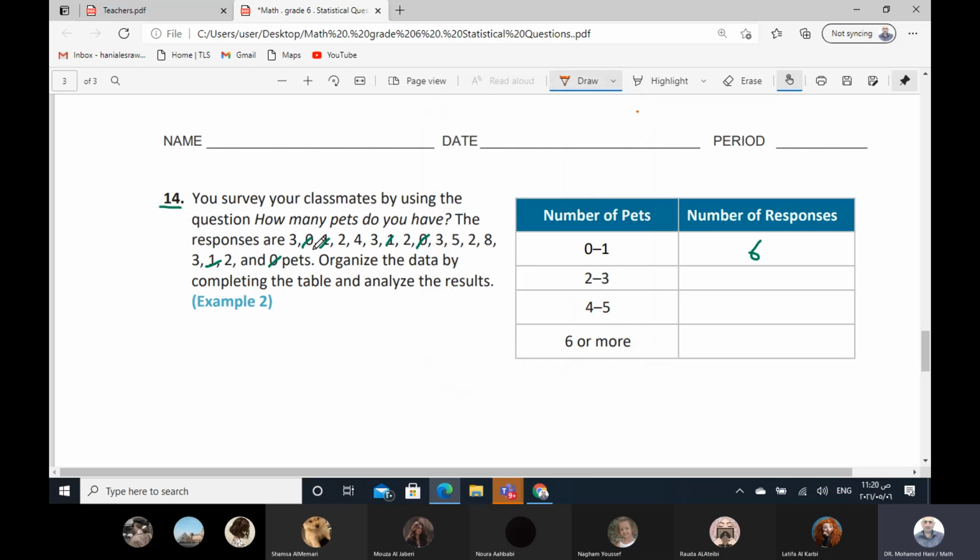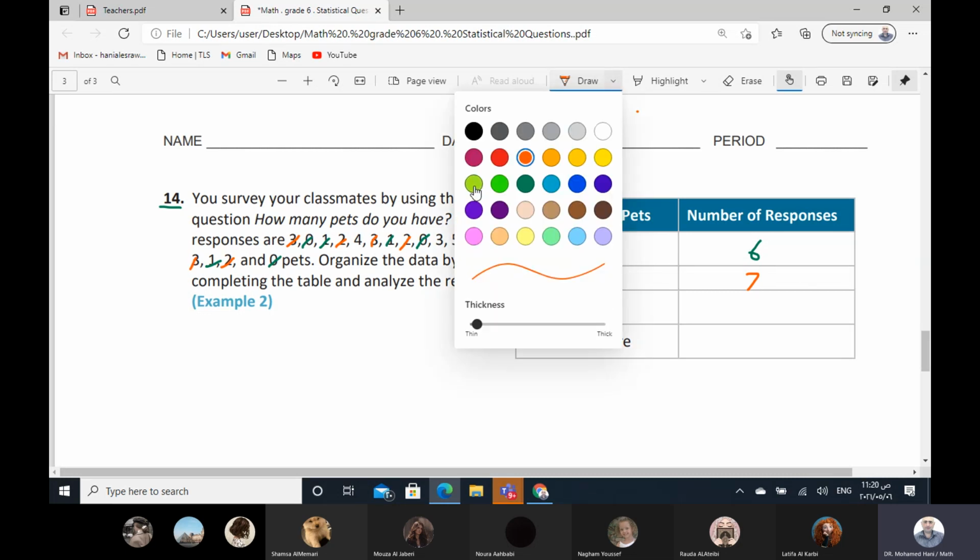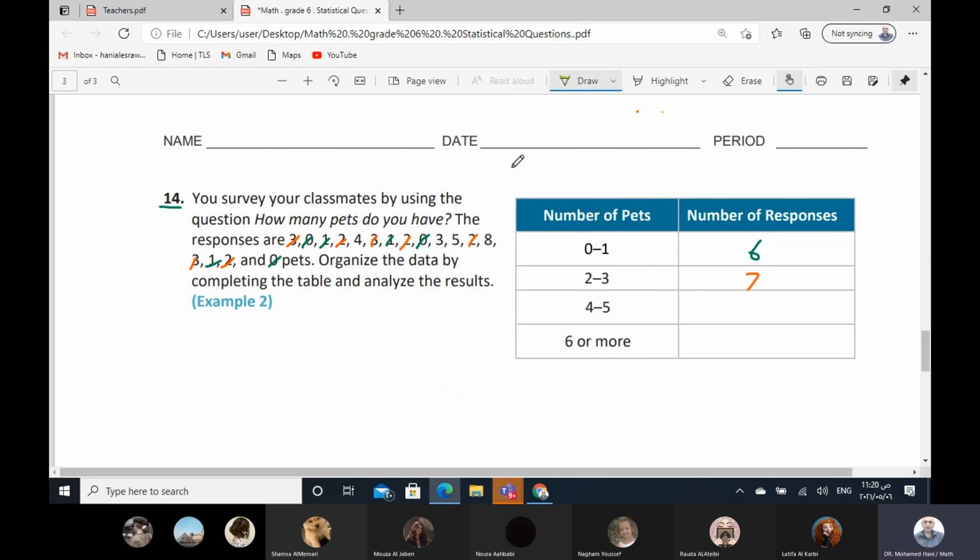Between 2 and 3, you have here 1, 2, 3, 4, 5, 6, 7. Between 4 and 5, you have here 1, 2, so we have 2.